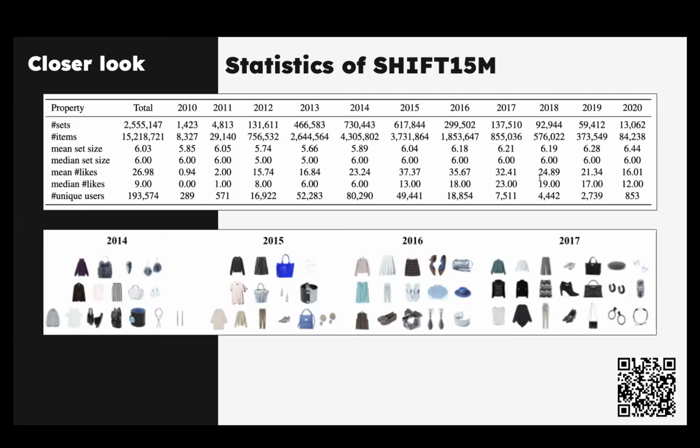On average, the number of items included in a posted outfit is around 6. And the average number of likes per post is 27 and the median is 9. And the total number of unique users is 1,900,000. Here are sample items included in our dataset.